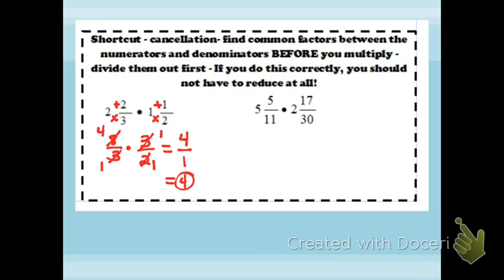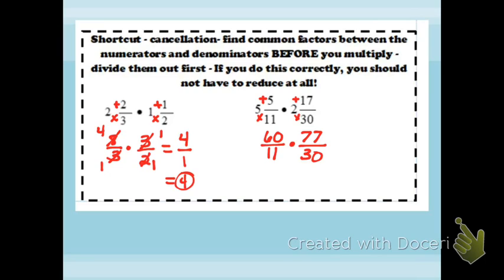Okay? Now let's look at this one, because this is the kind that can really show you how helpful it is. So let's do this one. Let's make them improper. 5 times 11 plus 5. 60. Very good. 60 over 11 times 2 times 30 plus 17. 77. Y'all are good. Y'all are ahead of me. Over 30. Now, common factors between the top and the bottom.